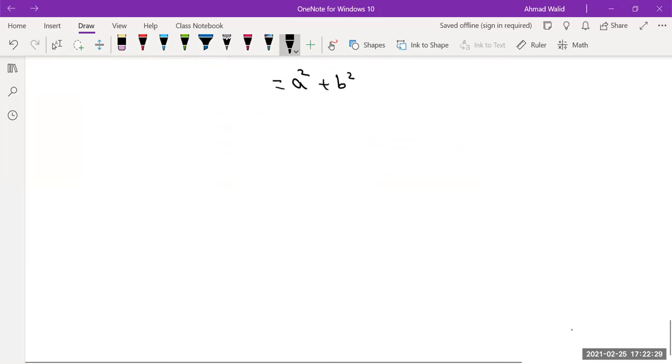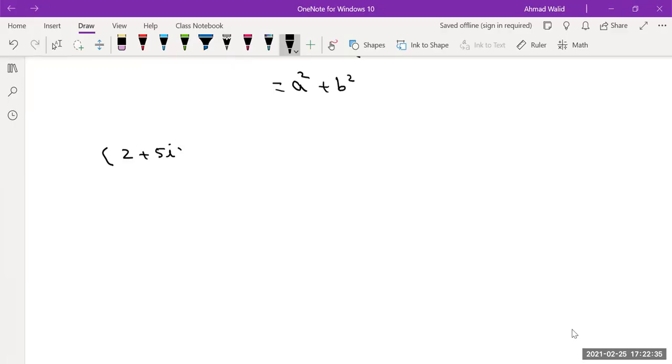Let me do a numeric example for you. 2 plus 5i times 2 minus 5i. I don't want to go the long way to show it for you. But if you don't remember the formula, somehow it's a test day and you don't remember it, you can always distribute and solve.